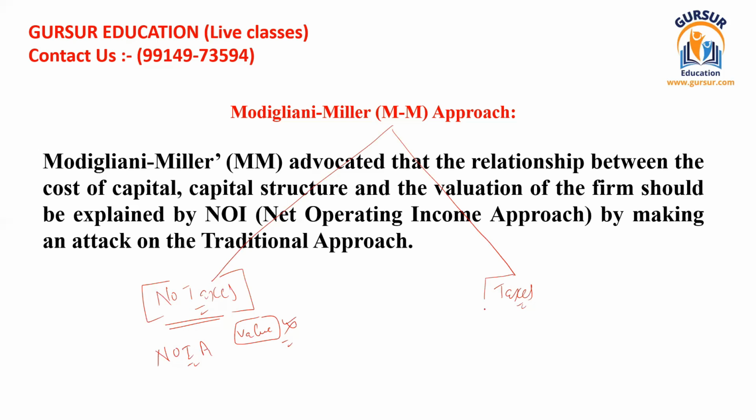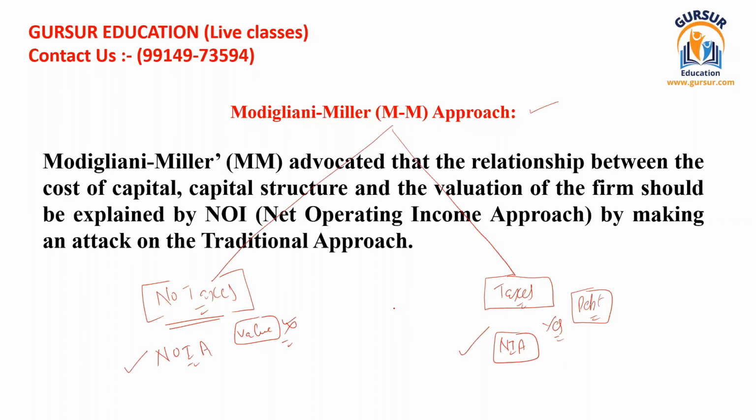And when there is existence of taxes, the theory of Modigliani and Miller resembles the net income approach. They tell you, yes, you can increase the value of the firm if you are employing debenture in your capital structure. So we can see that Modigliani and Miller approach is just the confirmation of both of the theories, that is net operating income approach and net income approach.